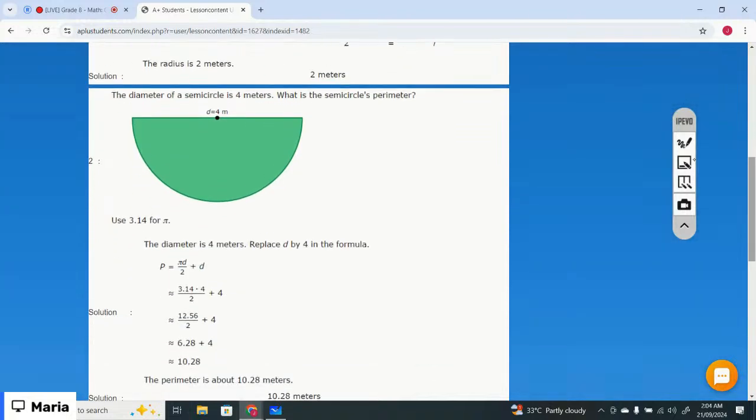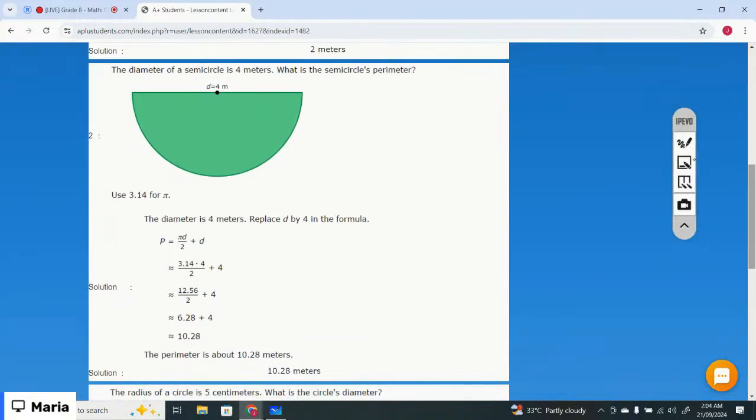Okay, the next example is the diameter of the semicircle is 4 meters. What is the semicircle's perimeter? So you need to use the formula, that is P equals pi d divided by 2 plus d.